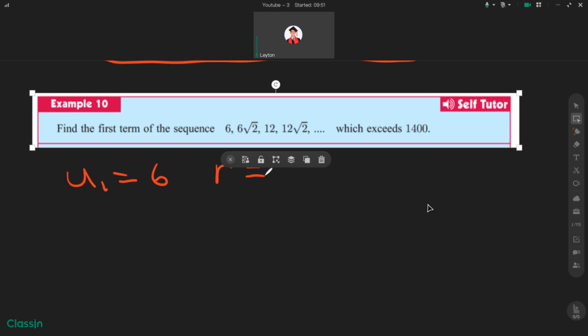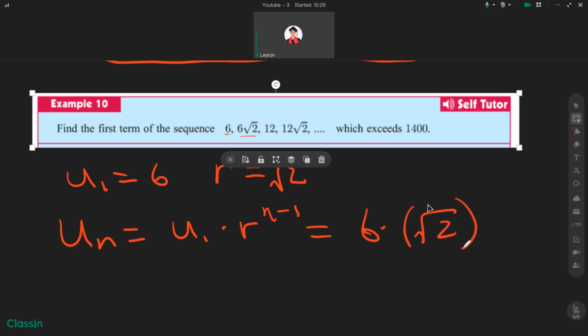R is clearly just root 2, because that's U1 times R. And so U of n is equal to U of 1 times R to the power of n minus 1, which is equal to 6 times square root of 2 to the n minus 1 power.